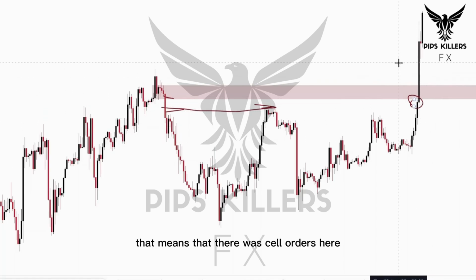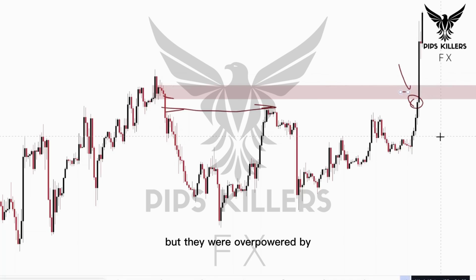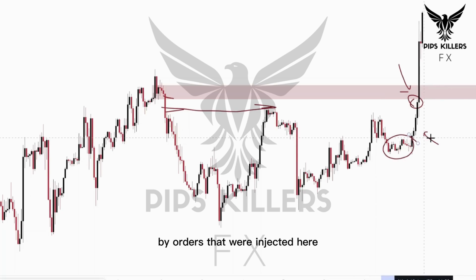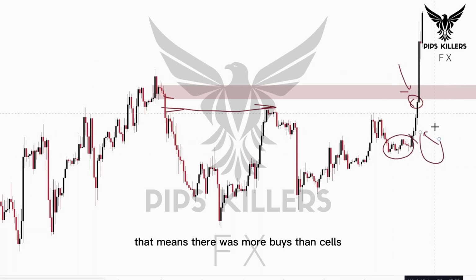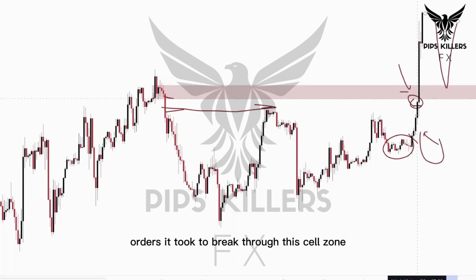That means there were sell orders here, but they were overpowered by buy orders that were injected here. So there were more buys than sells. As price was going through this area, sell orders were getting absorbed and more buy orders were getting injected. So when price does come back to this level, you can expect a rejection from all the buy orders it took to break through this sell zone.